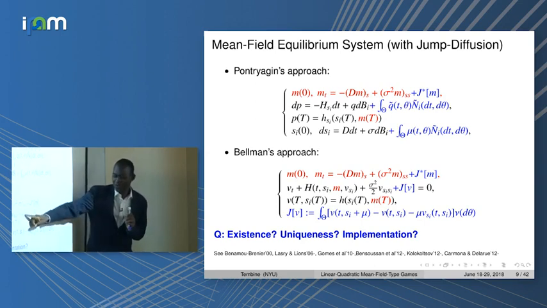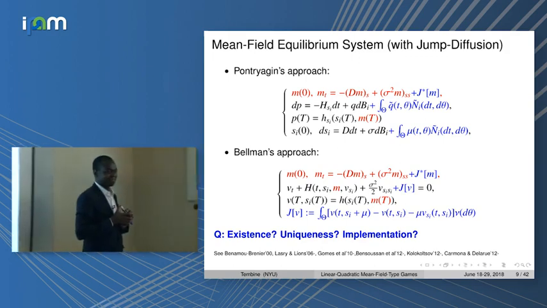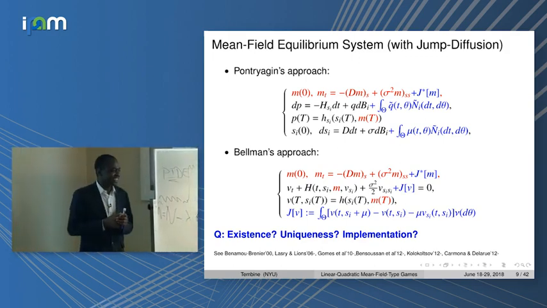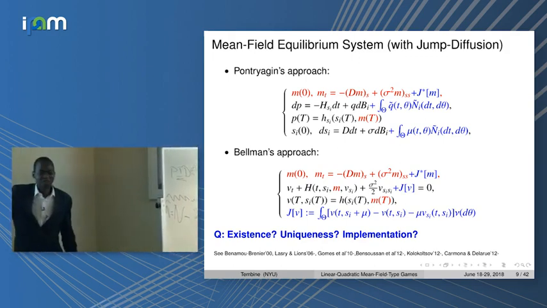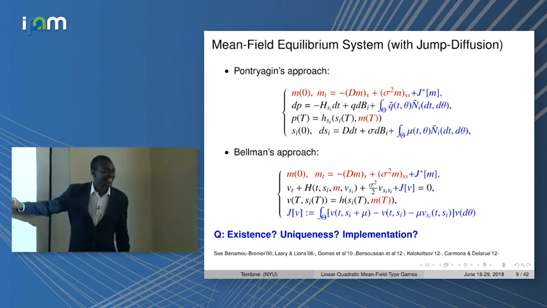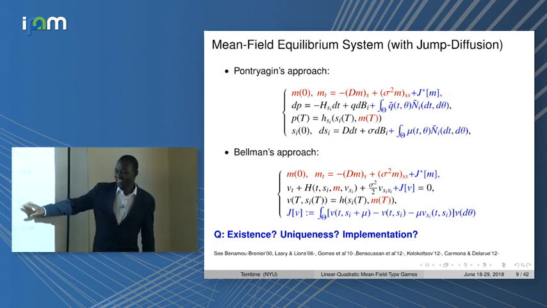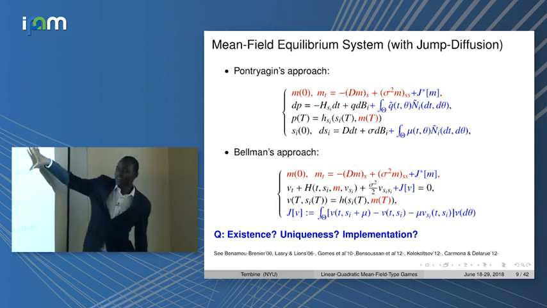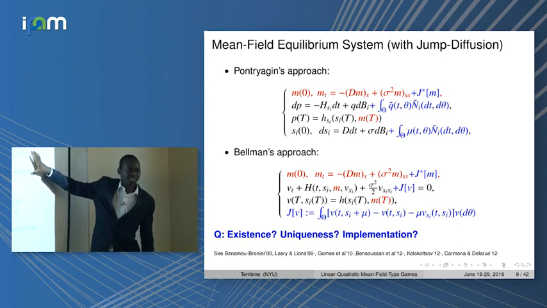This operator is linear. Okay. Now we have to solve this. We have to study the existence of solutions of this new system, or if you prefer, we have to solve this one for those who are doing the maximum principle.